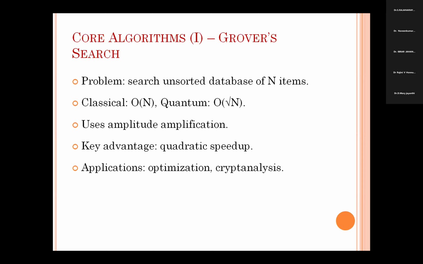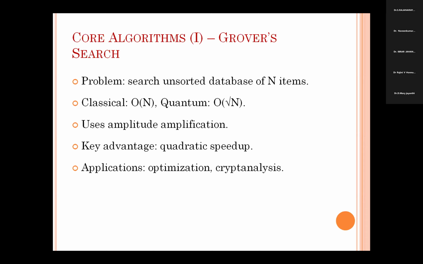Quantum search takes order of root n queries, a quadratic speedup. This is the quantum search, otherwise called Grover search, and its impact is the quadratic speedup.